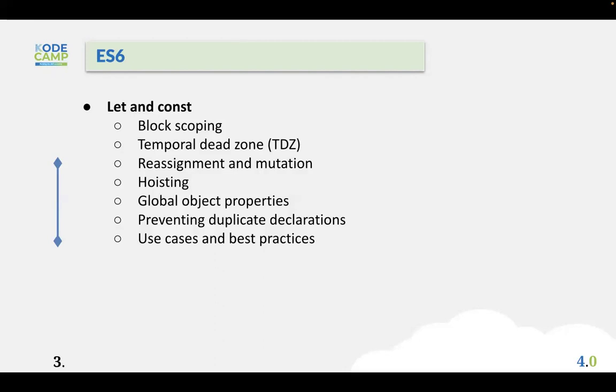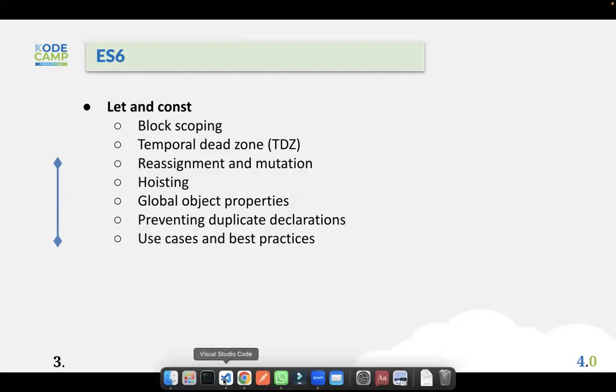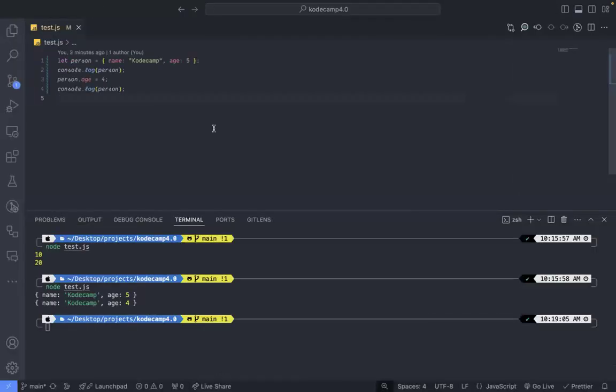So if the scope is a global scope, it will move all the variables declared with var and all the functions to the top of the scope. So that is the reason why in our previous code, when we try to access, okay, yes.